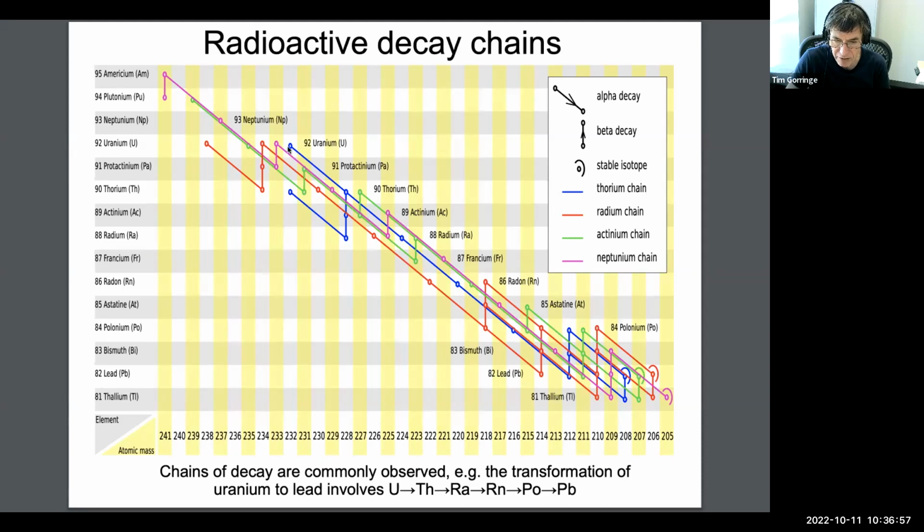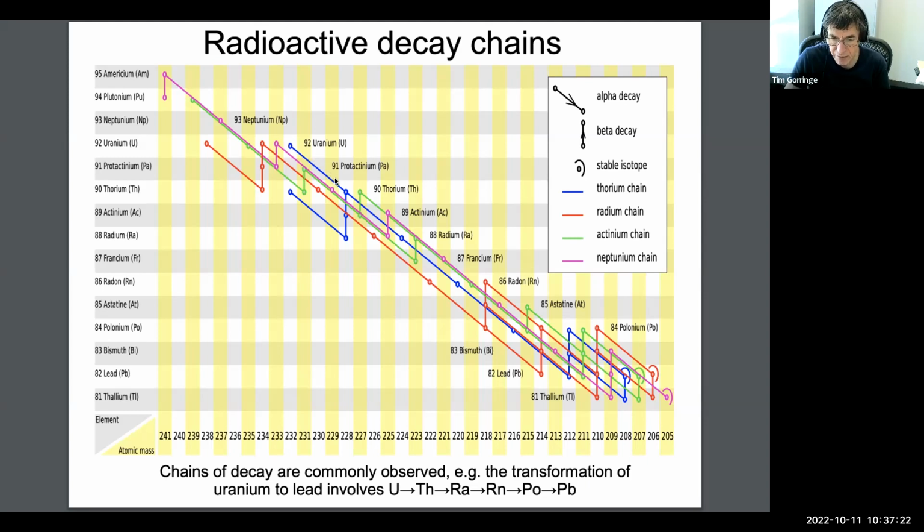So let's take the example of uranium. Upstairs here on the top left is a particular isotope of uranium that has an atomic number of 232.